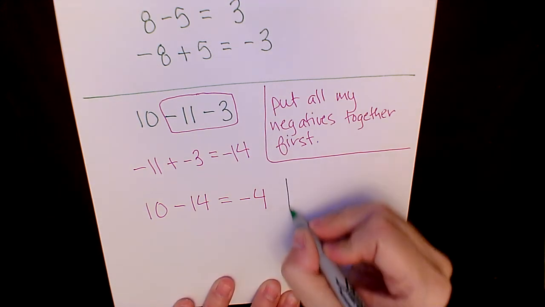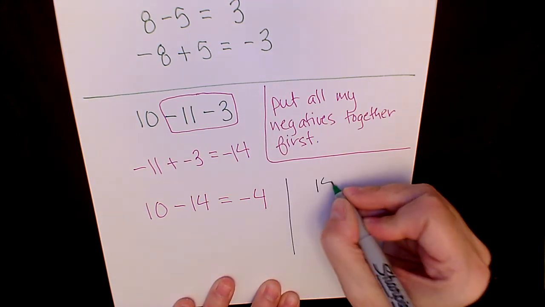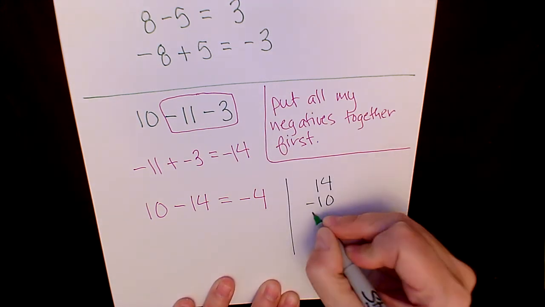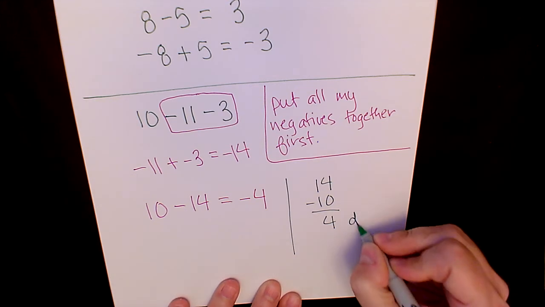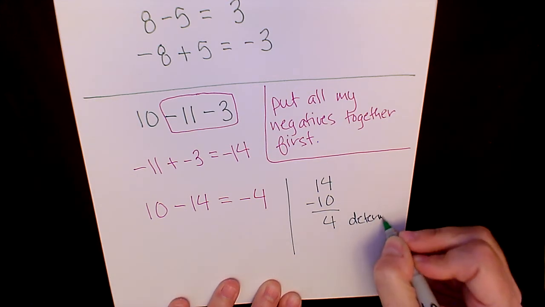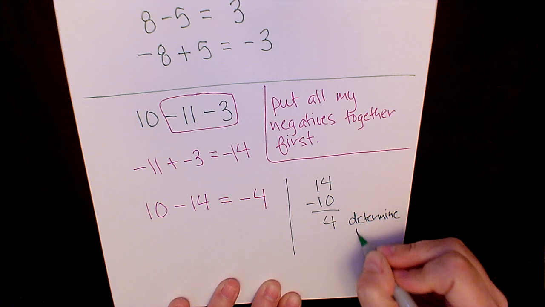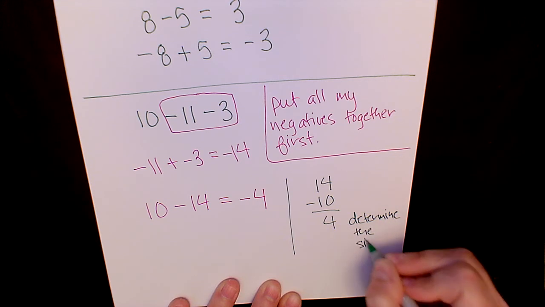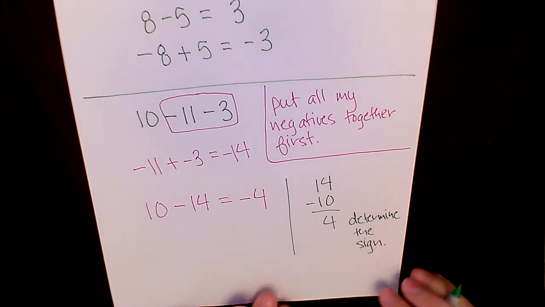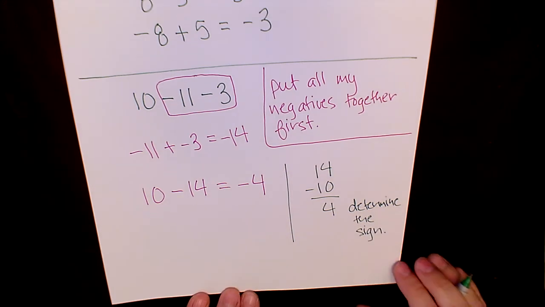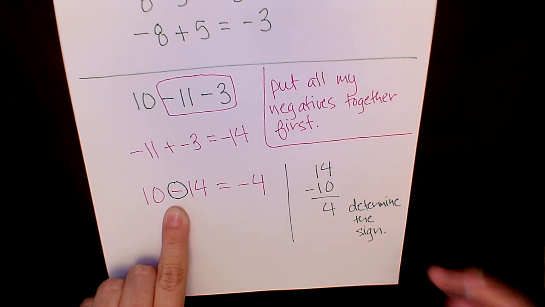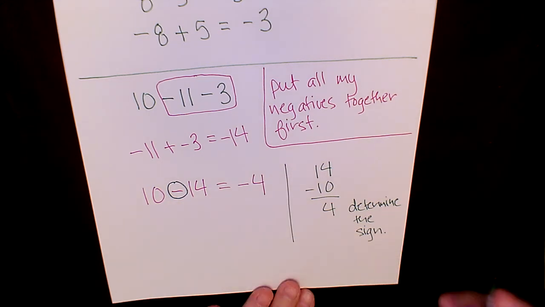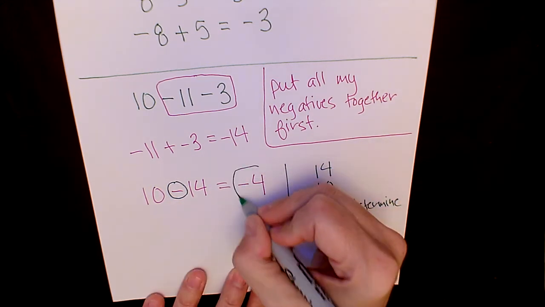If I need to do that second part again, remember I want to subtract these 2, and I get 4, but I need to see what sign is going to go with my final answer. Well, I know I've got more negatives, so my answer is negative 4.